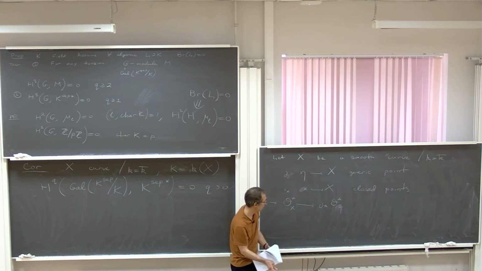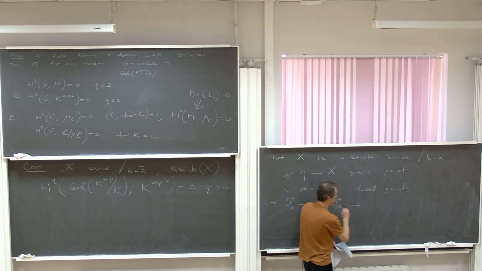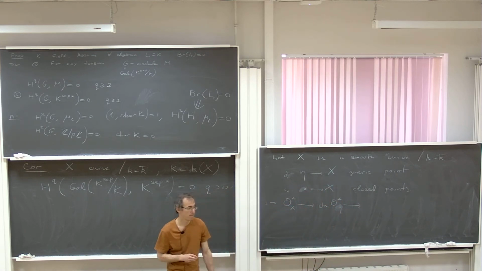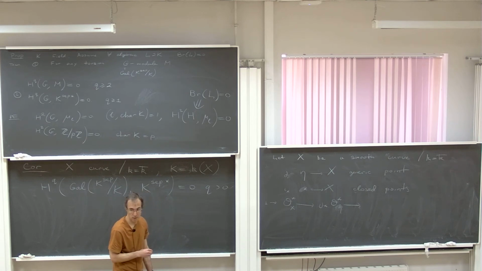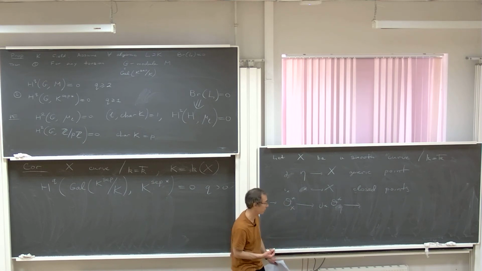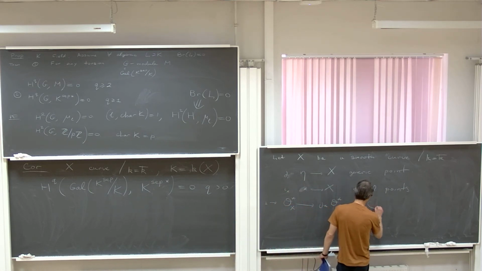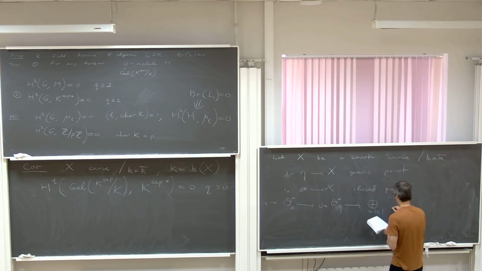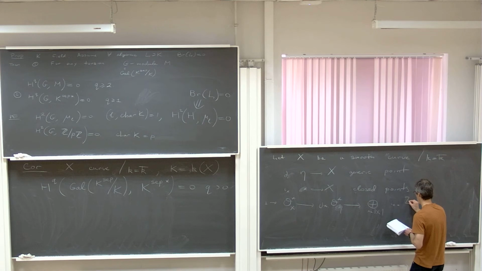I have an embedding, and what is the quotient? Well, if you have a non-zero rational function on X, you can look at its divisor, and if the divisor is 0, then it's actually regular, right? So I claim that this is the sum over all closed points of i_x lower star of the constant sheaf.